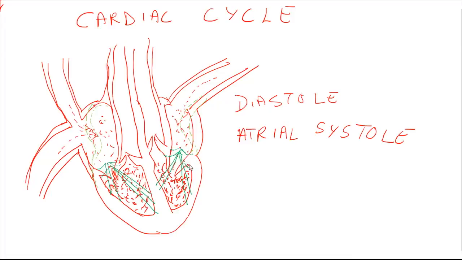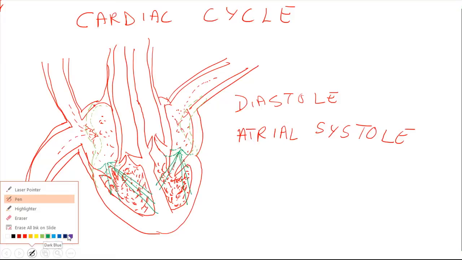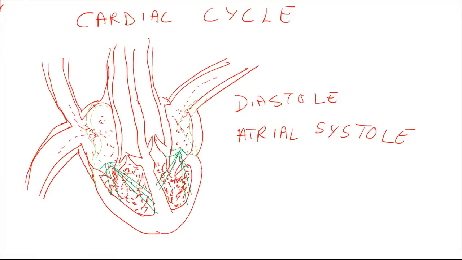So, the ventricle is now filled with blood, and so the next stage comes in where the ventricle contracts, and that we'll call ventricular systole. Now the ventricles contract in such a way that it starts from the bottom, and then it stretches upwards.